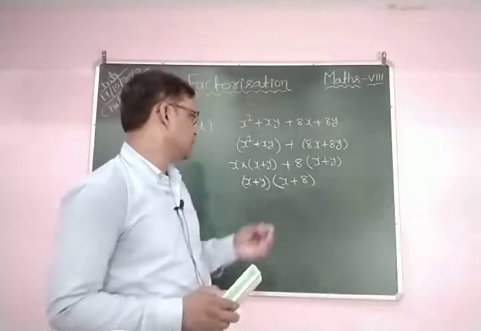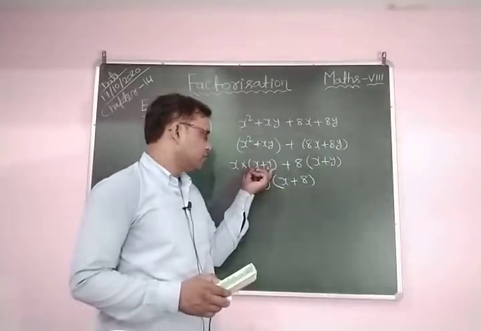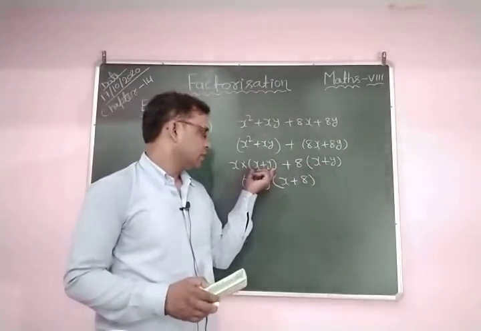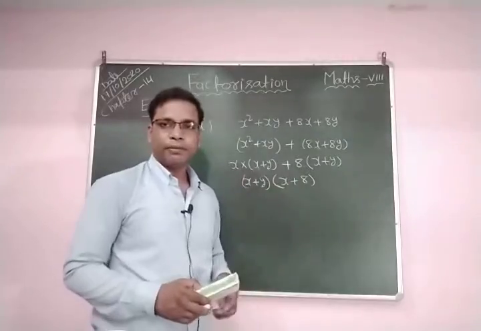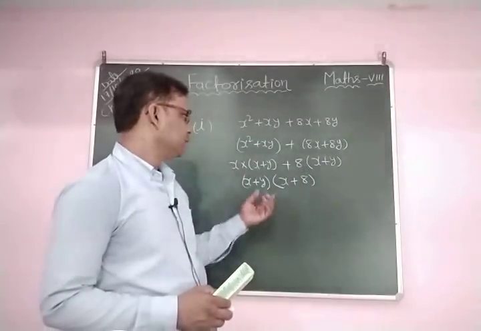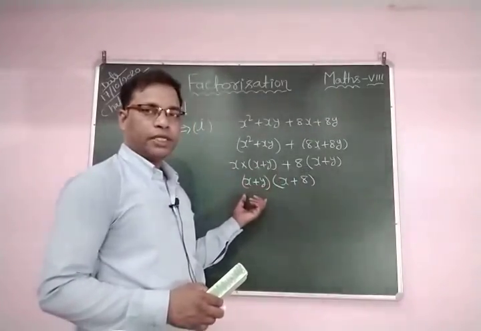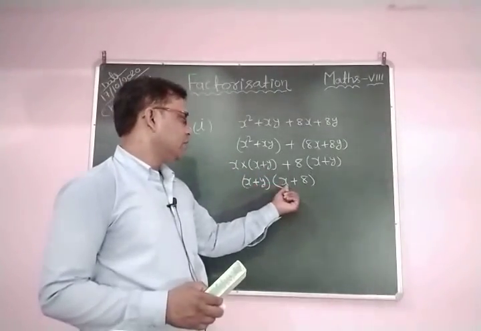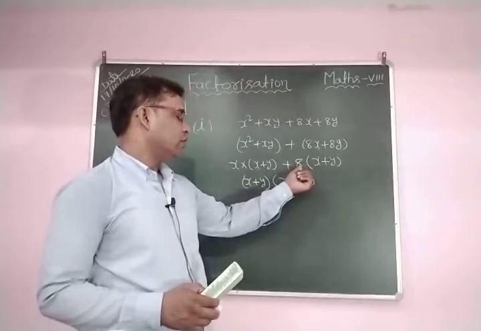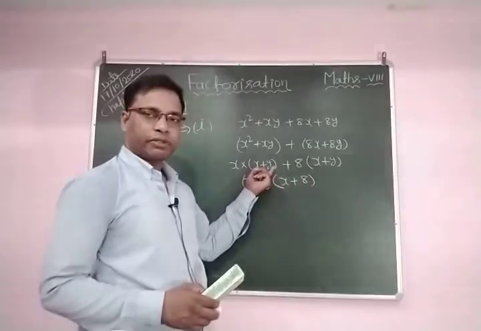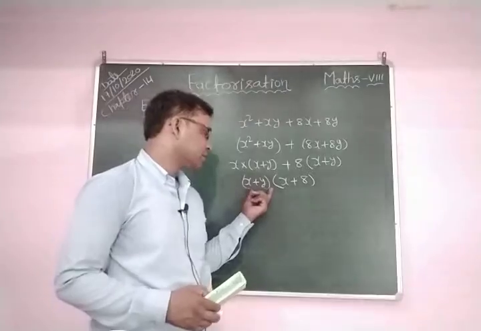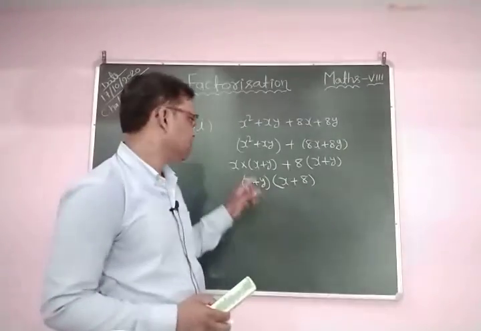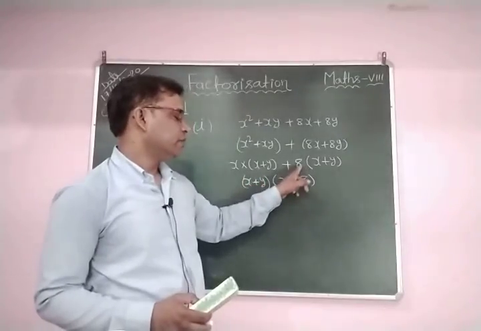After this we can see we obtain x plus y here and also x plus y here. So x plus y is common between them, and we take common x plus y. When we take common x plus y, we have only x and 8 remaining. So in the first bracket we write x plus y, and in the next bracket we write the remaining parts: x plus 8.